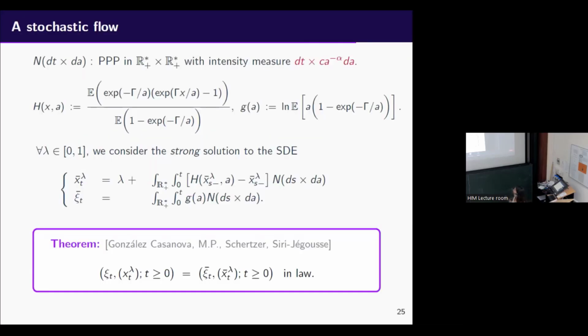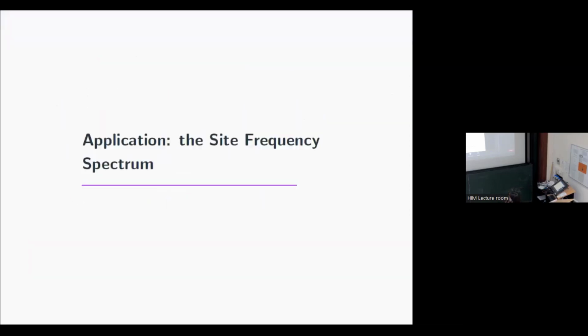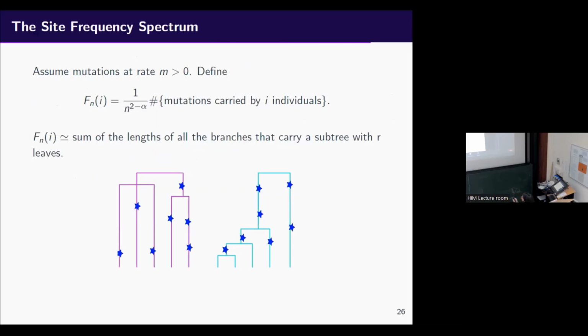And finally, if I can go very quickly, we apply this to obtain the site frequency spectrum of our coalescent. The site frequency spectrum is a statistic that is widely used in population genetics.